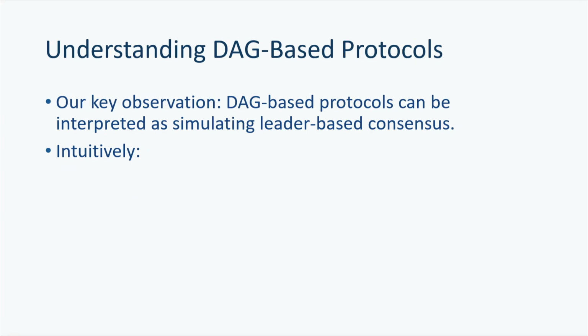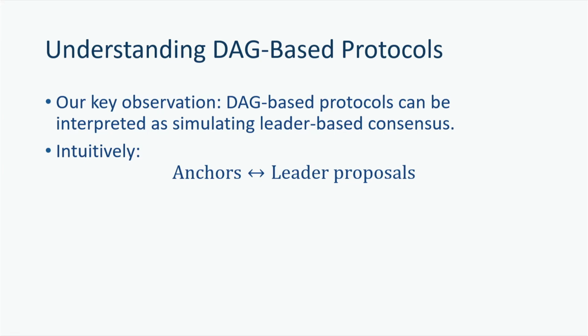Now, our key observation in this work is that these DAG-based protocols, although they seem quite different from leader-based consensus, we can actually interpret them as simulating leader-based consensus. Notice that in the previous figure I showed, periodically you have a single anchor in the graph.